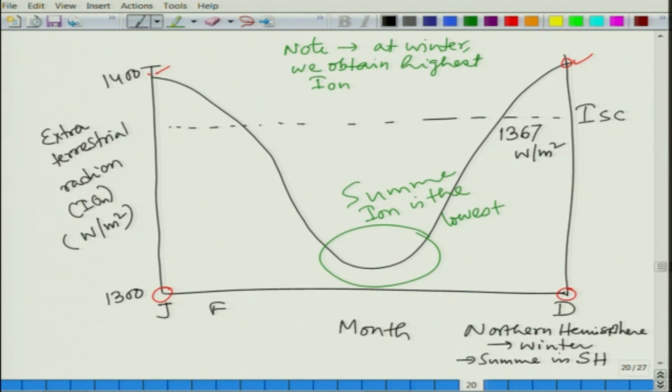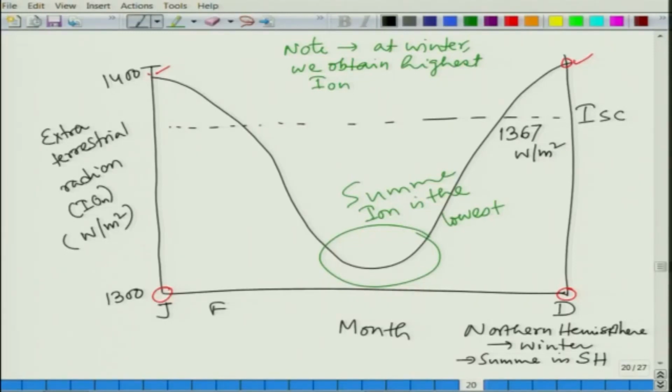ION means you have to keep the measuring plane perpendicular to the direction of radiation, and it is outside the atmosphere. So, all the atmospheric changes as well as the angle of incidence are neglected in this ION measurement, right. That is why we are getting something counterintuitive: in the winter we are getting the maximum extraterrestrial radiation, and in the summer we are getting the lowest.